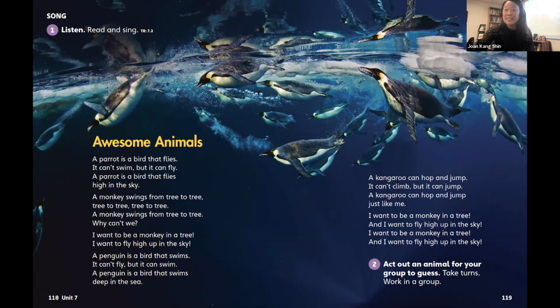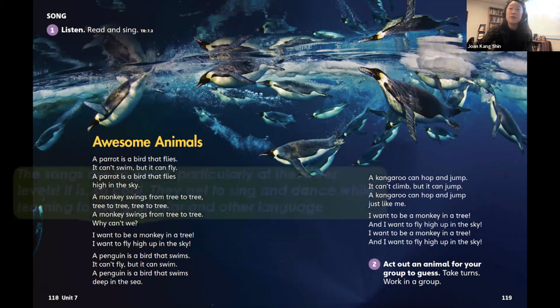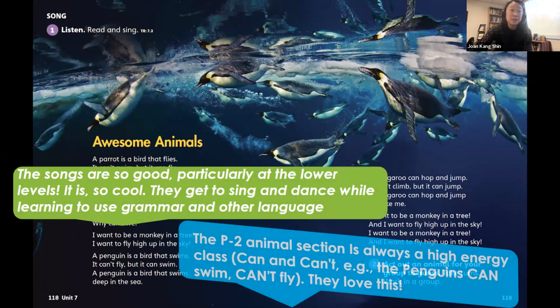So in the next slide, you can see some of the quotes that we got from teachers. The songs are so good, particularly at the lower levels. It is so cool. They get to sing and dance while learning to use grammar and other language, right? As you notice, there are ways where they can show the motions, right? Bird that flies and that swims, monkey swings through the trees.